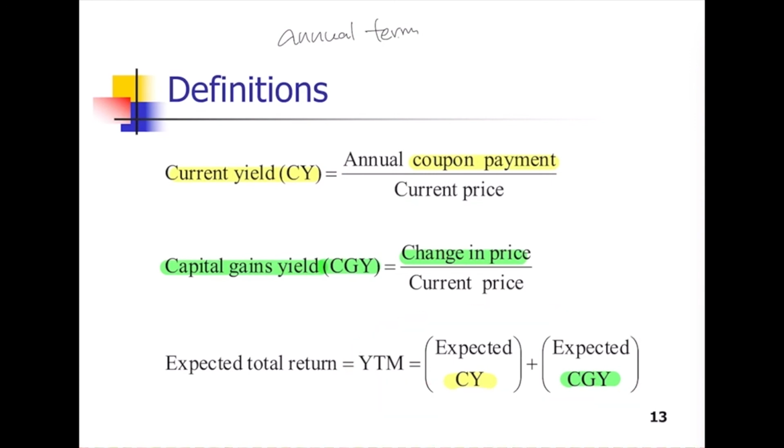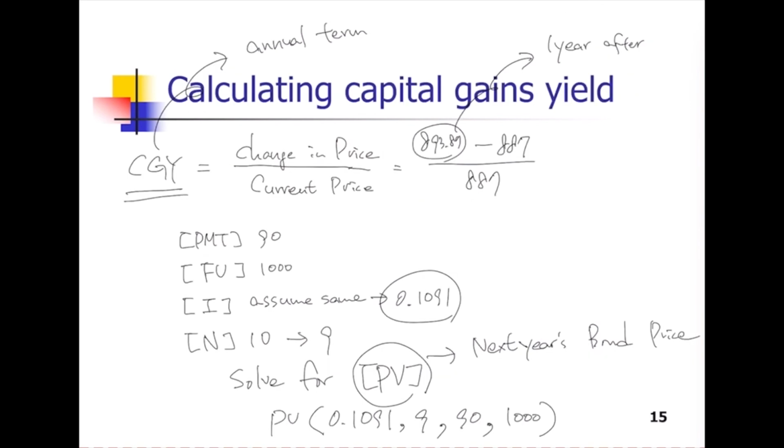You can also use another formula. Yield to maturity can be calculated as current yield plus capital gain yield. But now you want to know capital gain yield, so move this to the left-hand side. Yield to maturity minus current yield is the capital gain yield. So write down the numbers.